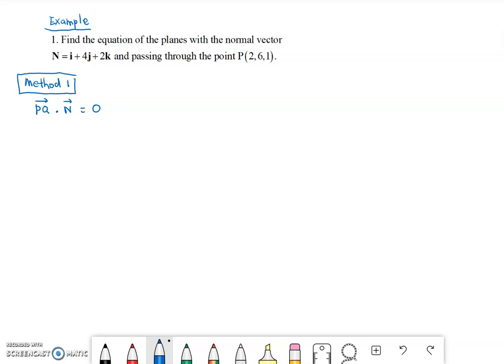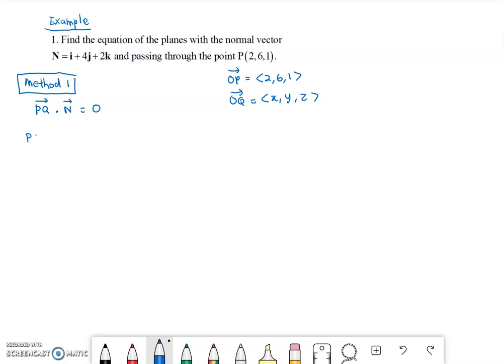So our point P here is given 2, 6, and 1. So now we can identify the direction vector OP, which is equal to 2, 6, and 1. And then we know that our OQ is equal to x, y, and z.